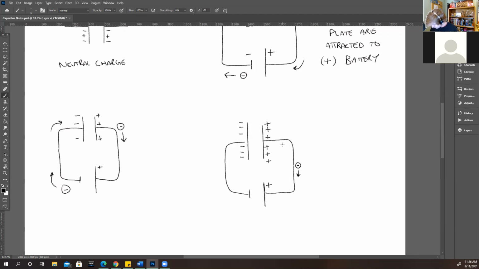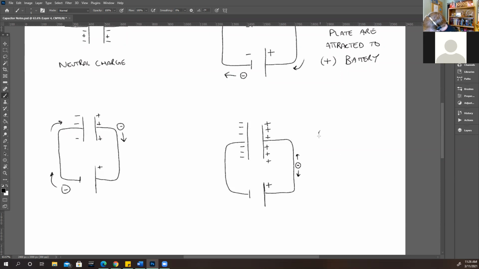And it feels an equal attraction to this side of the plate. And so since those two forces are equal, it doesn't move. That's how this separation stops. And that's when the electrons stop and the current stops also, because there is no more movement in the wire.